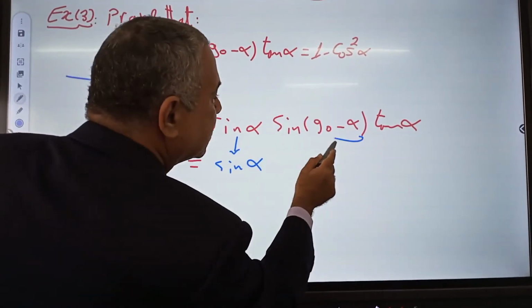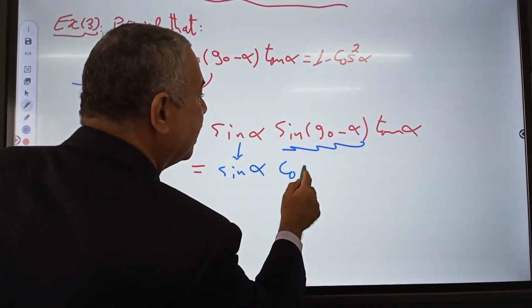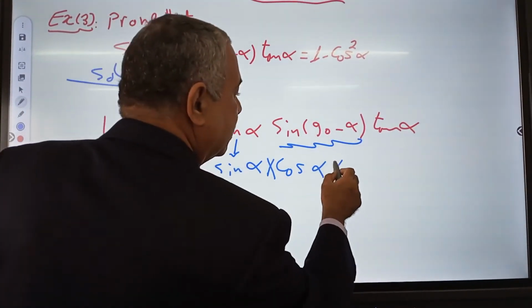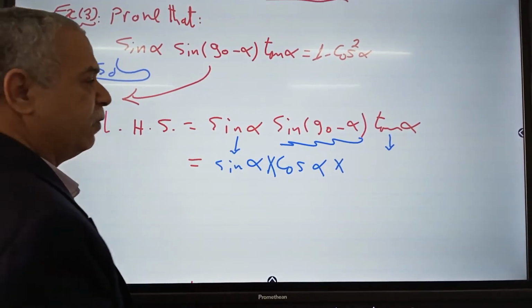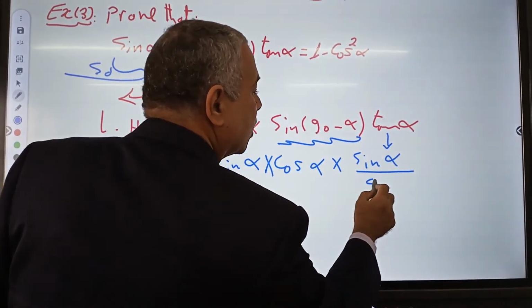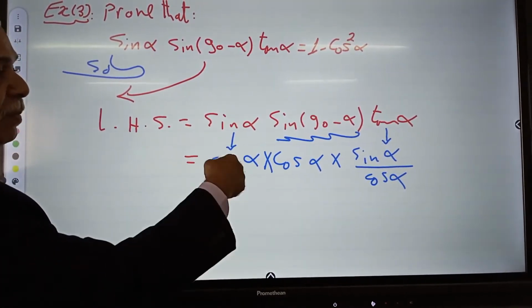The value of sin(90 − α) is cos α, times, and we can write tan α as sin α over cos α. Then simplify.